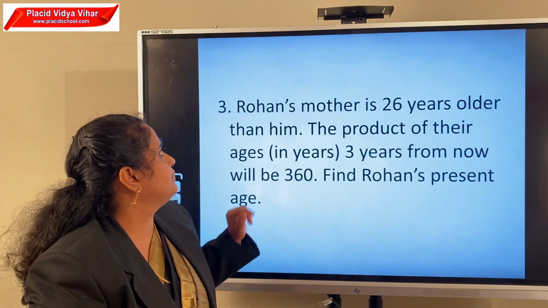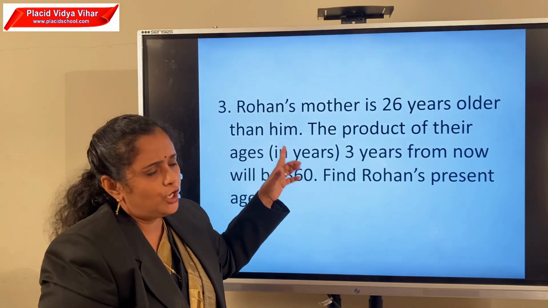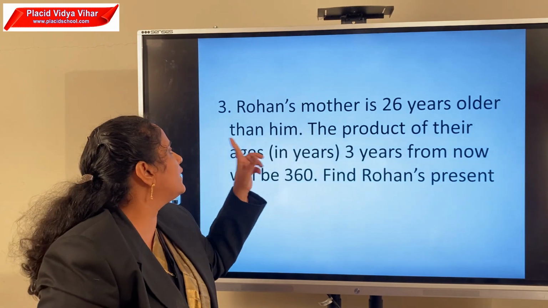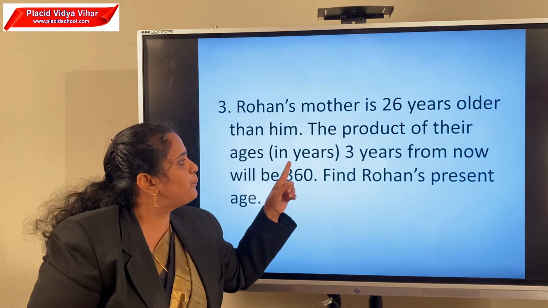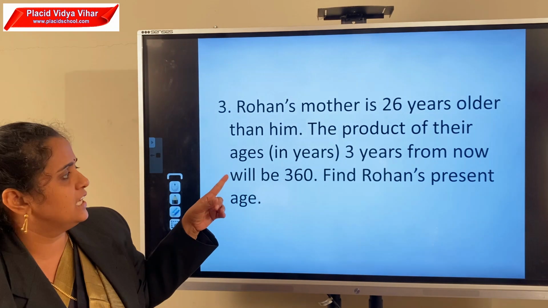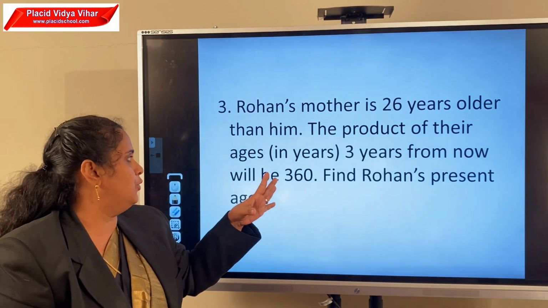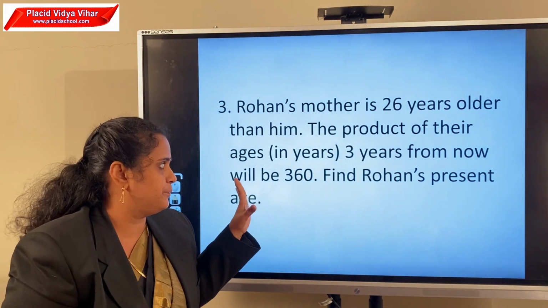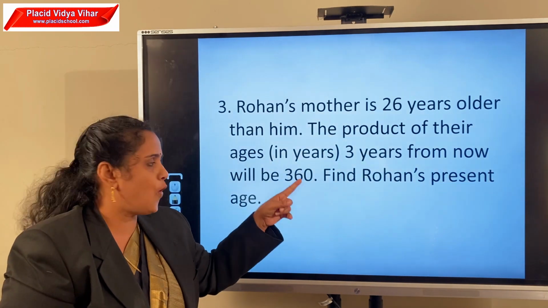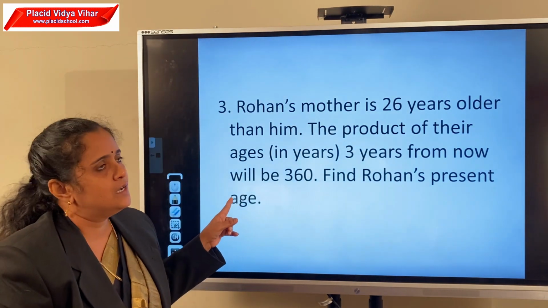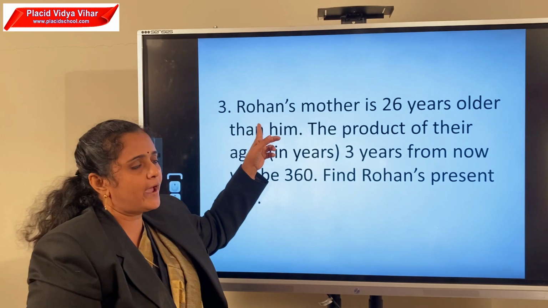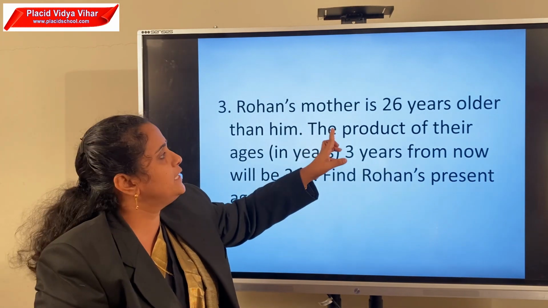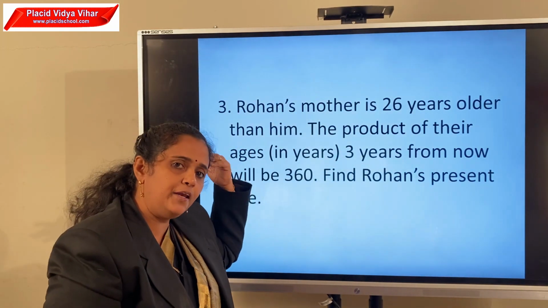The third question. Rohan's mother is 26 years older than him. The product of their ages 3 years from now will be 360. Then find Rohan's present age. So, repeat the question. Rohan's mother is 26 years older than Rohan.